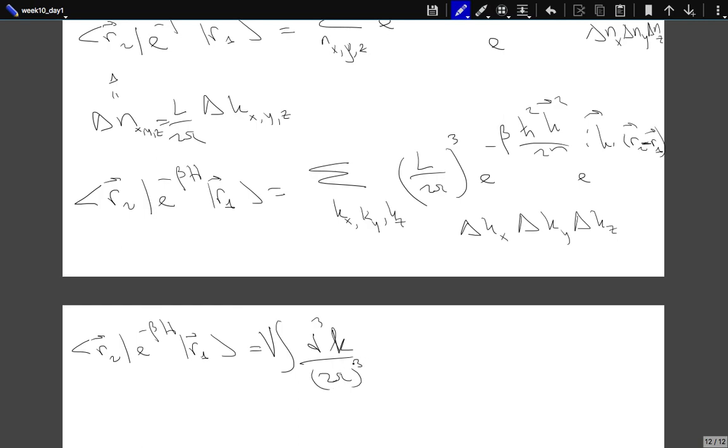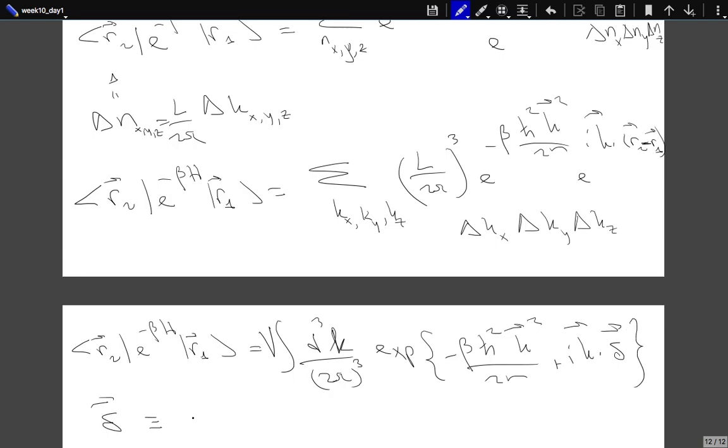You see, if I would convert this to a momentum integral rather than a k integral, I would also get the (2 pi h bar) cubed, which we had already used before. And then the exponent of minus beta h bar squared k squared over 2m plus i k dot delta, where delta I defined as R2 minus R1.